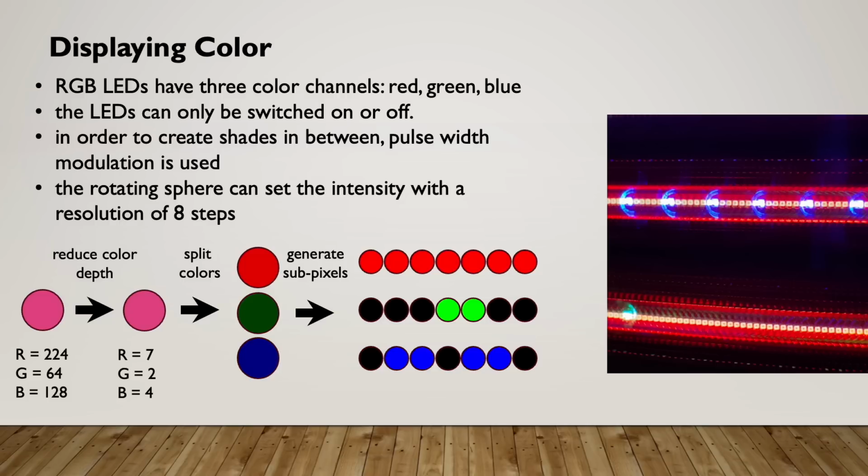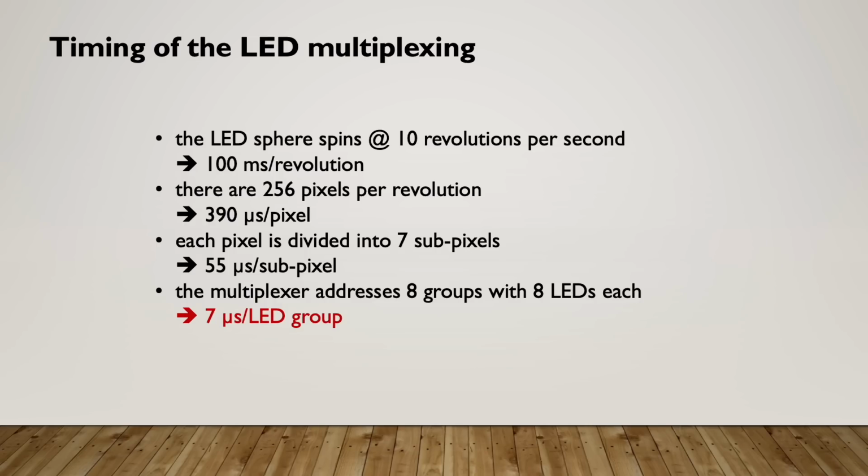The image on the right shows a close-up of the display. At this resolution, you can clearly see the individual subpixels which blend into a smooth color when viewed from a distance. It's quite interesting to take a closer look at the timing of the LED multiplexer.